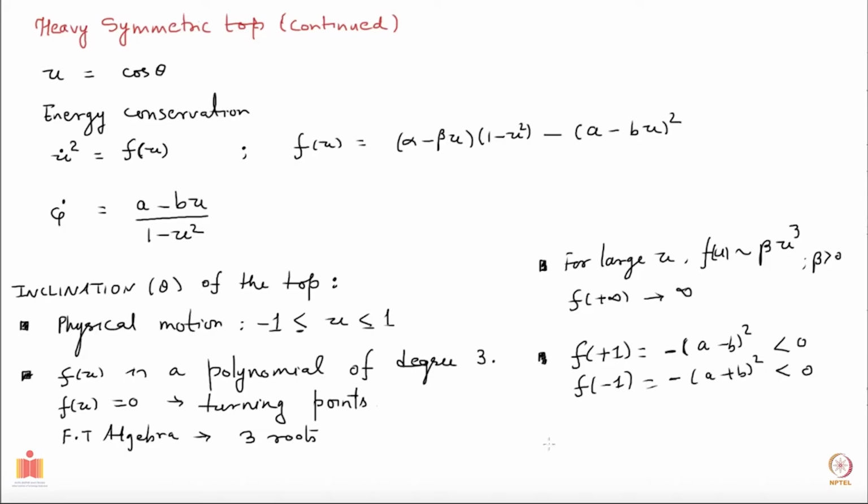Now the third thing, which is going to really fix everything for us, is that u dot square is positive, since it's a square of a real number, which means that f of u must be positive in some interval between -1 and 1.